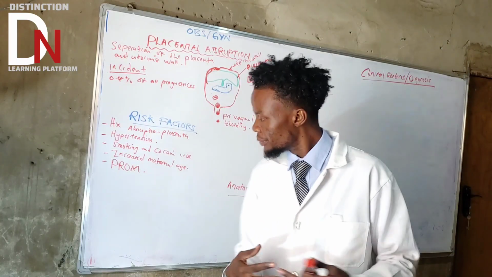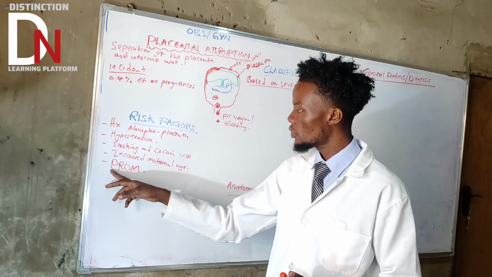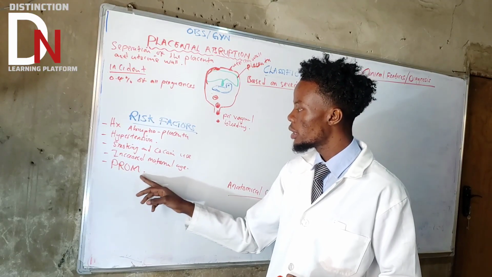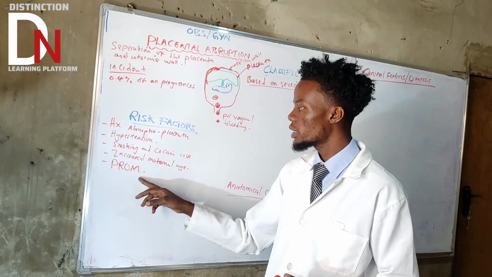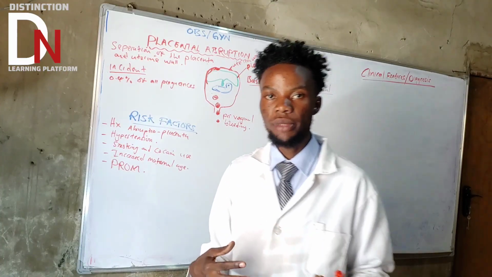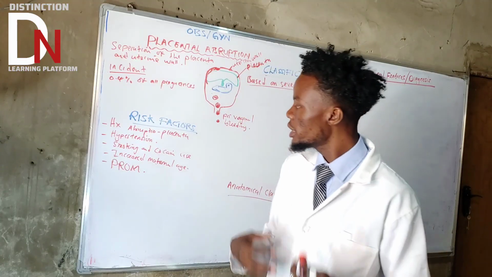Now what about PROM? PROM basically means P stands for premature, R stands for rupture, O stands for of membranes. So premature rupture of membranes, that's the rupture of fetal membranes before the onset of labor.